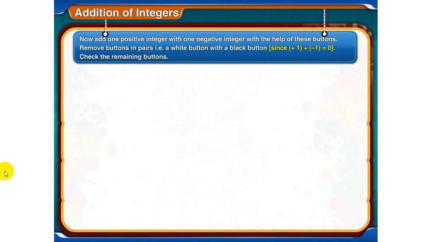Now add one positive integer with one negative integer with the help of these buttons. Remove buttons in pairs, that is, a white button with a black button, since +1 plus -1 is equal to 0. Check the remaining buttons.